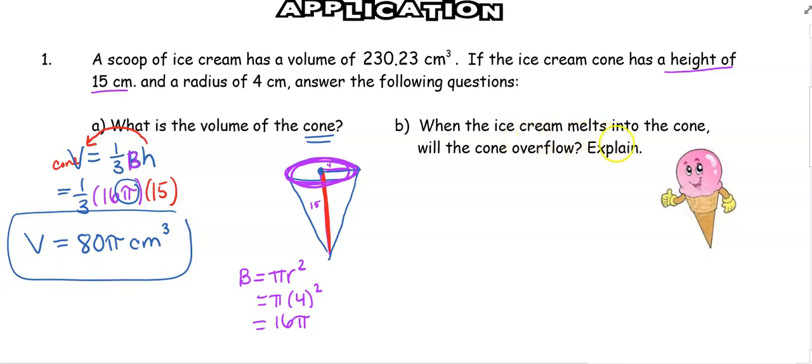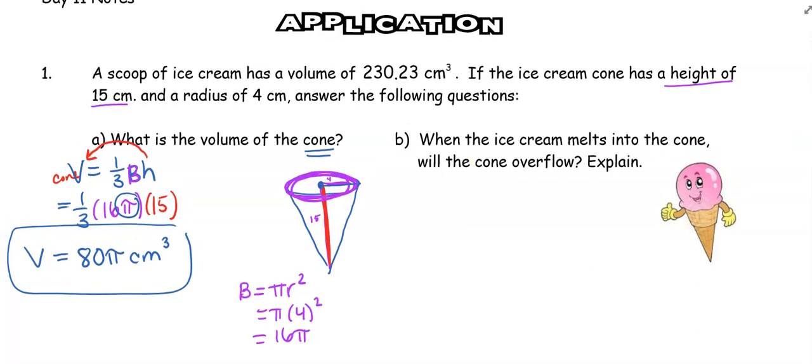When the ice cream melts into the cone, will the cone overflow? Why or why not? So we have to think about what would cause the ice cream cone to overflow. We are looking at volume and not surface area, because volume is how much can fit inside of an object.